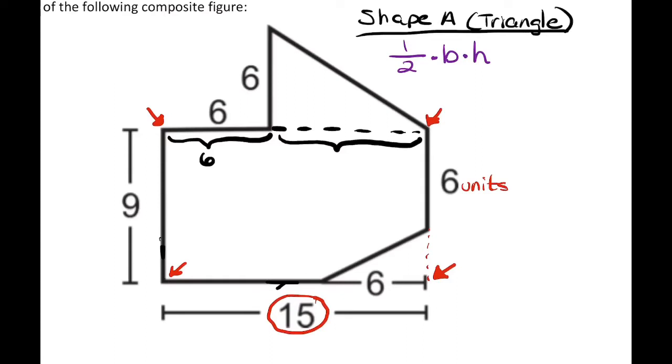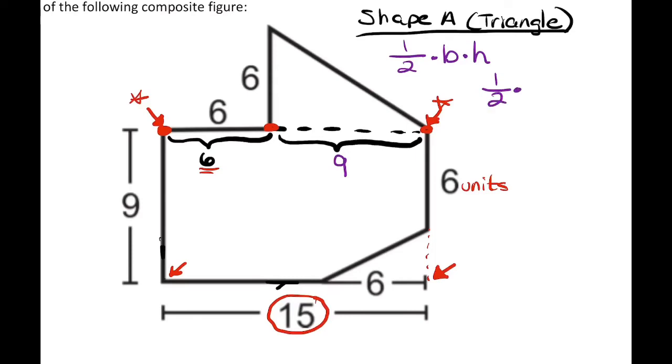All right, so like I said, we know that it's 15 units from this point right here to this point right here. And we know that is 6 units from there to there. So 6 plus what is 15? And then you can put a 9 right there, because 6 plus 9 is 15. So that tells you that the base is 9. Now we have all the necessary parts that we can use to figure out the area.